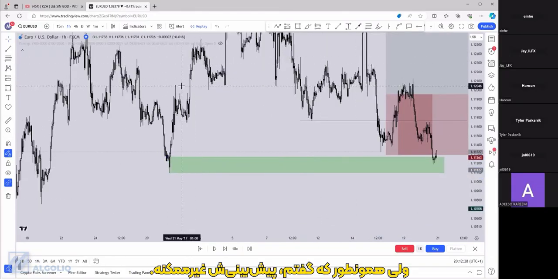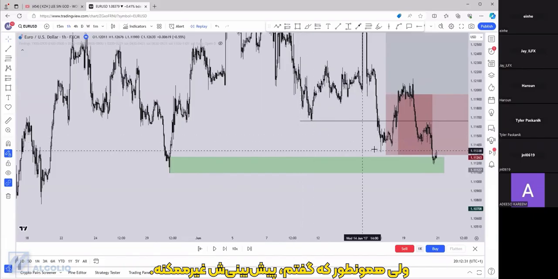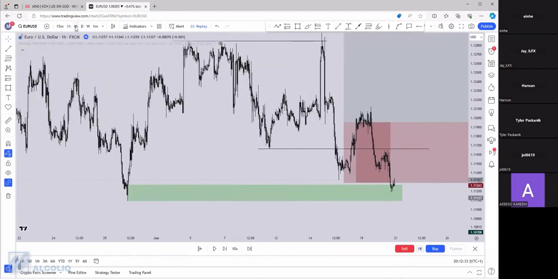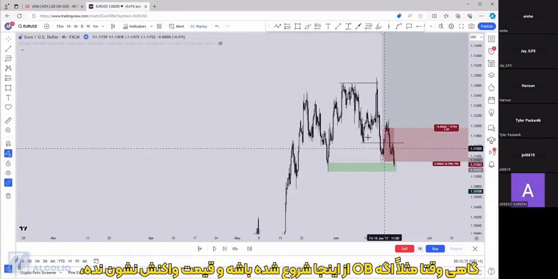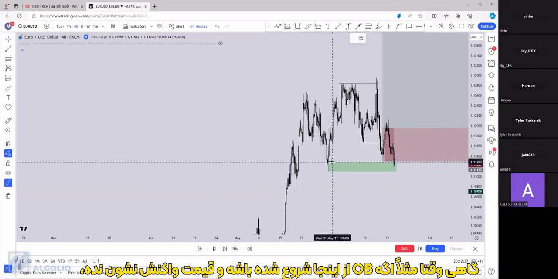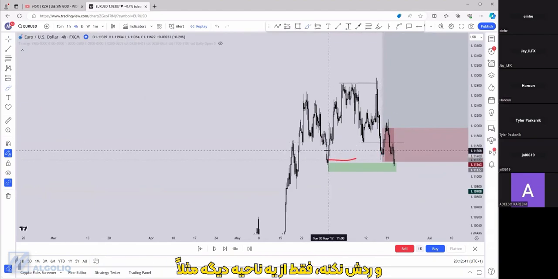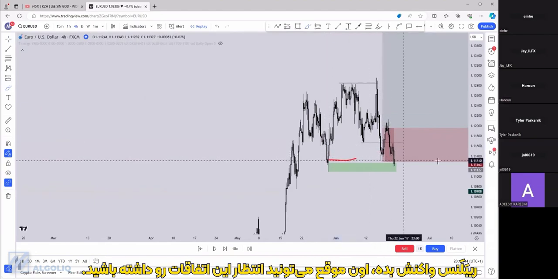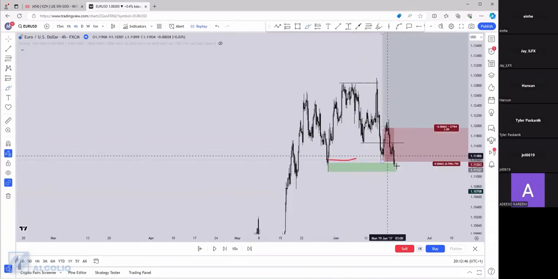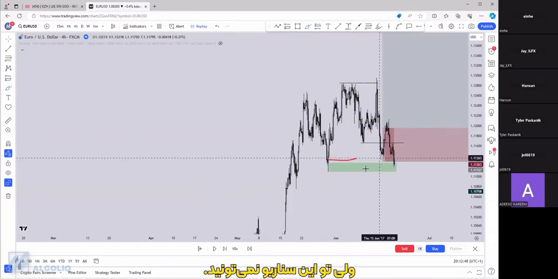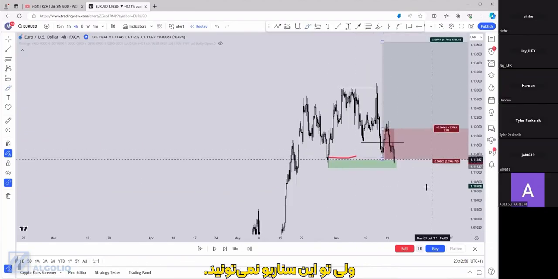But as I said, it's impossible to predict. Sometimes it is, when, for example, the OB started here and price didn't reject it and we just rejected off, let's say, rebalance, then you can expect this stuff. But as in this scenario, you cannot.